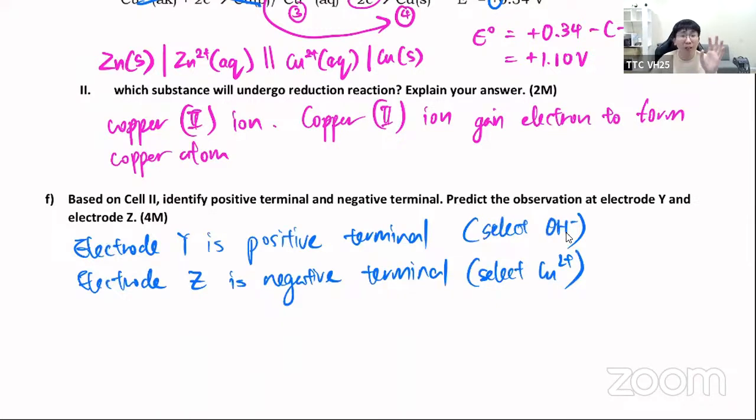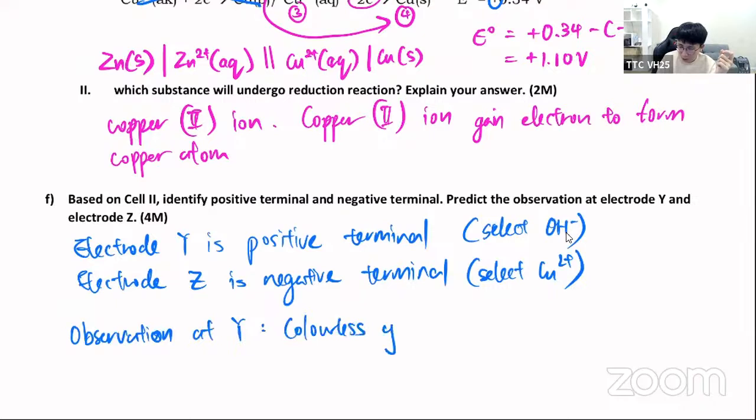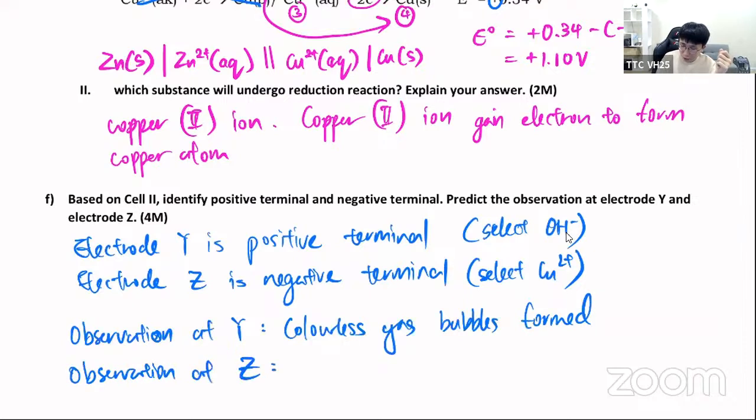You're supposed to form water and oxygen, so you're supposed to see colorless gas bubbles. So again, for observation, at Y you will see colorless gas bubbles released. Then for observation at Z, you will say brown solid formed.